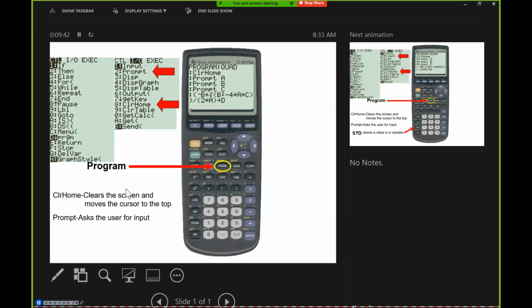So the way you get the arrow, so notice here there's an arrow next to the D, is you're going to press this STO button that I have an arrow pointing to there at the bottom of the calculator, right above the on button. Did you guys see that? Right here. That creates the little arrow like that.